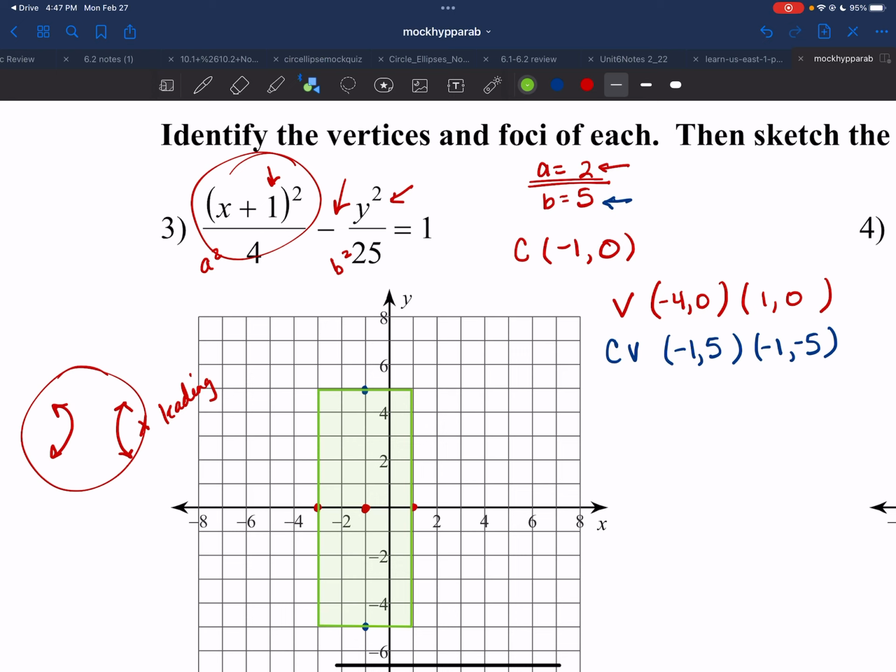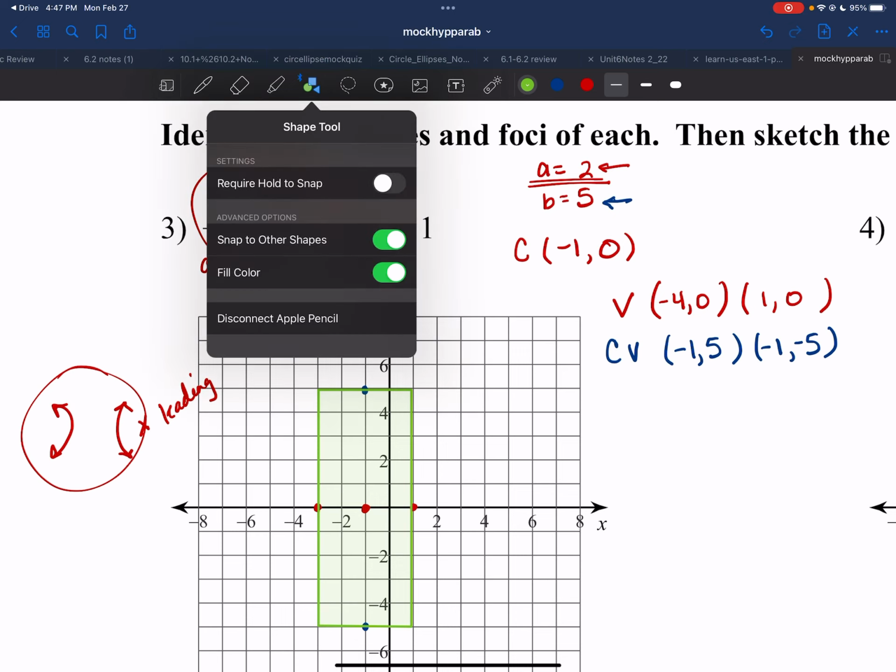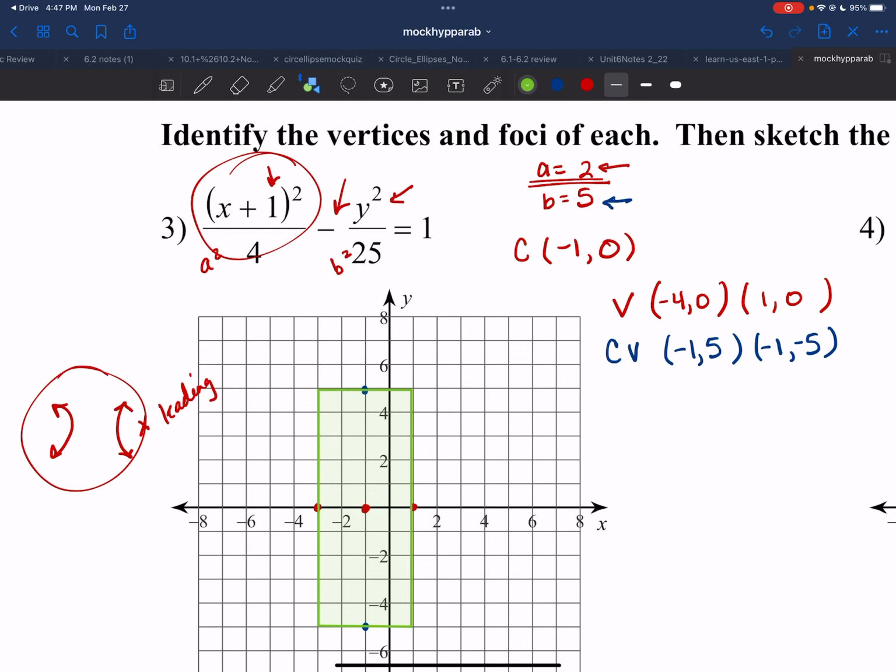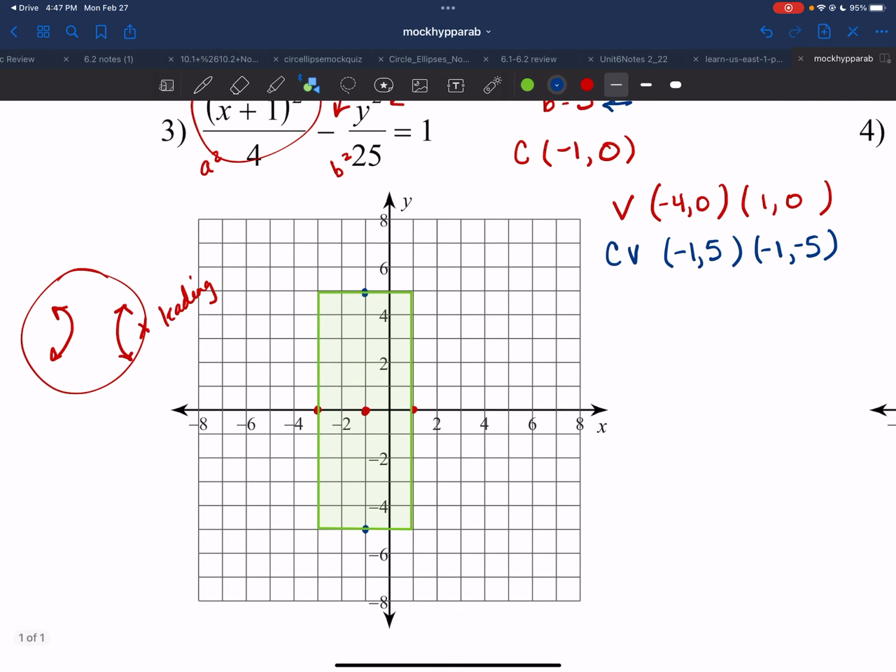I probably should turn off fill color on that. All right, so that is my rectangle. And on that rectangle, what I'm going to do is go through one corner and then the other corner and through the center. And those are my asymptotes. So through a corner, through the center, through this, I'm going to get my asymptotes.